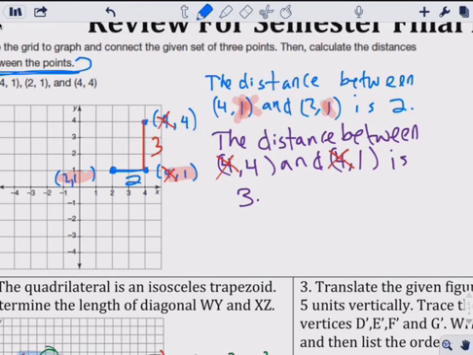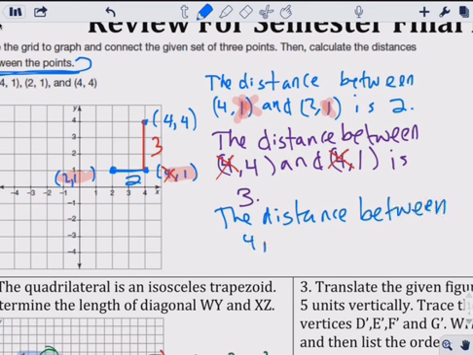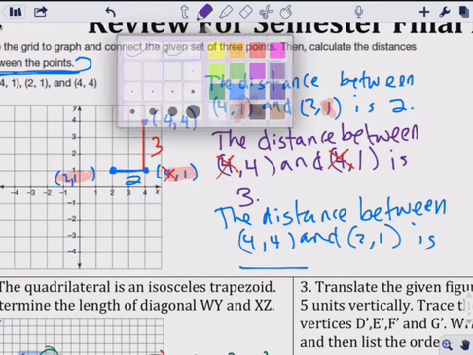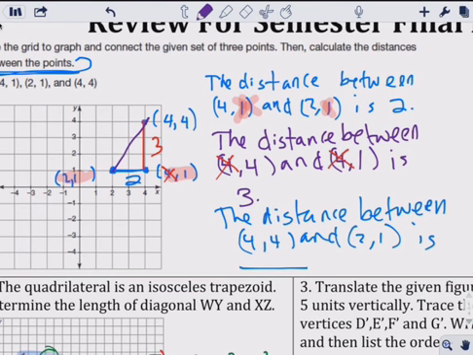the distance between 4, 4 and 2, 1, and we need to do the Pythagorean theorem to find this missing distance right here, this purple line.